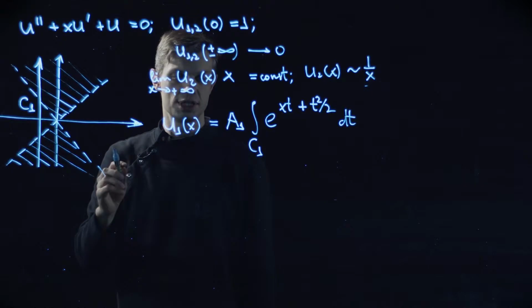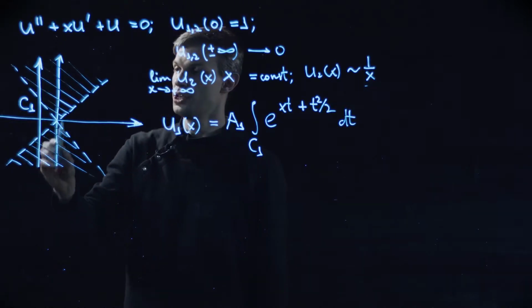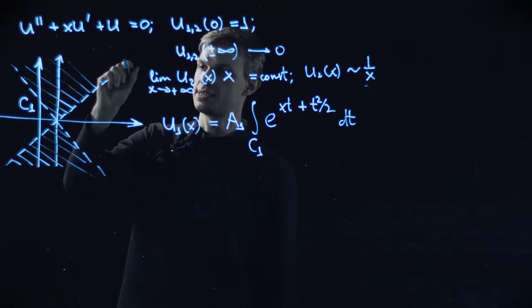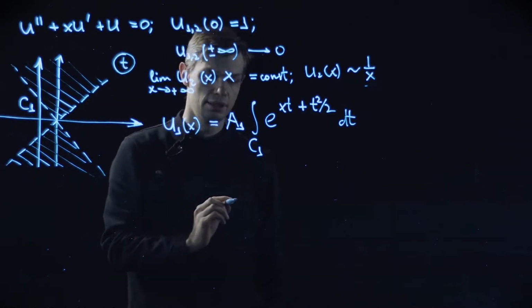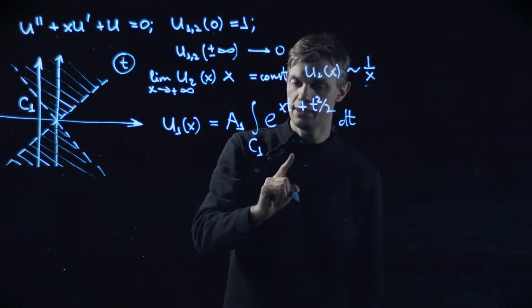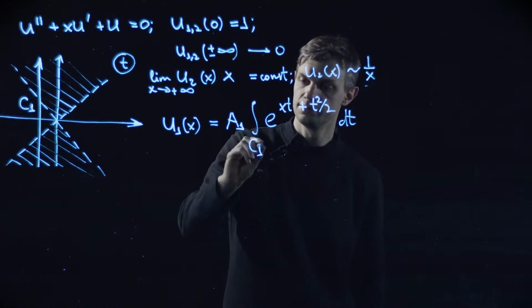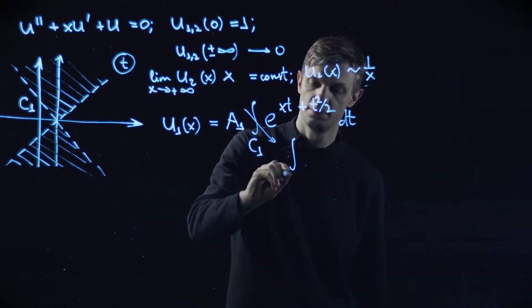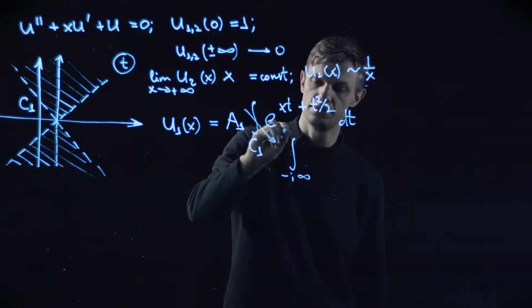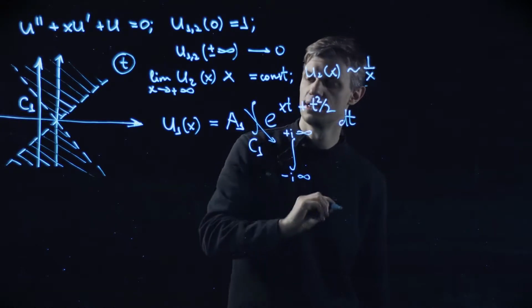So why don't we just position the contour along the imaginary axis of our complex plane? Oh, sorry, this is the t complex plane. This way our integral becomes the integral from minus i infinity to plus i infinity.